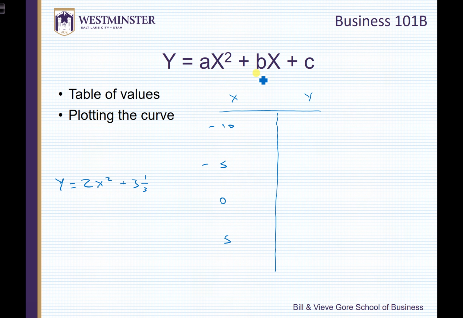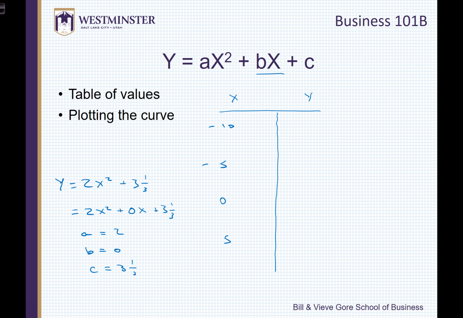I don't have a b times x, but in fact I do, because y is equal to 2 times x squared plus 0 times x plus 3 1/3. So this is the quadratic equation where a is equal to 2, b is equal to 0, and c is equal to 3 1/3. So let's see what this does for us.